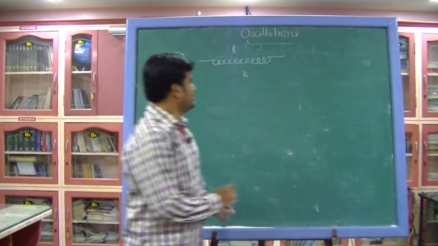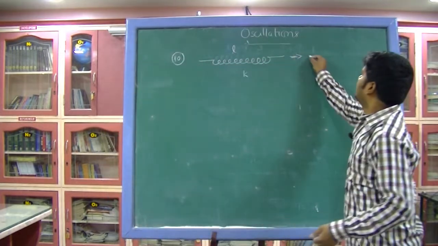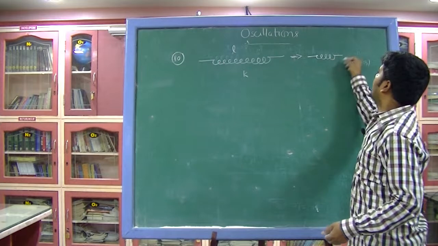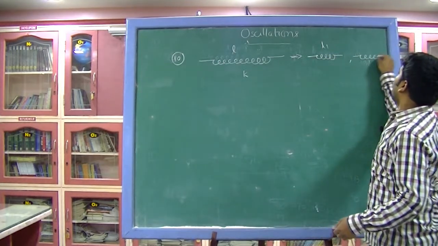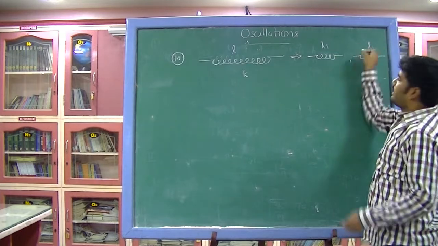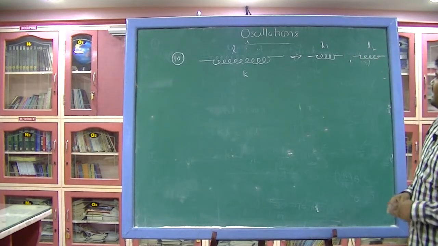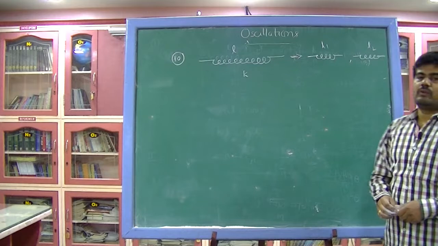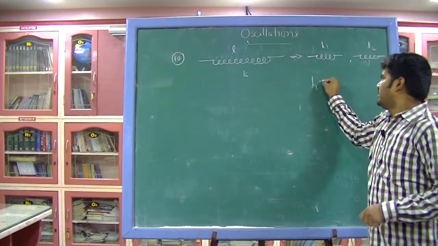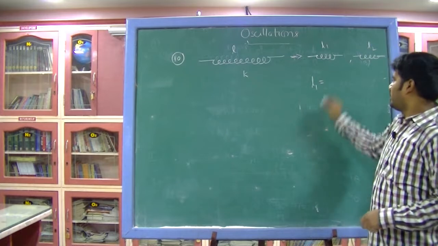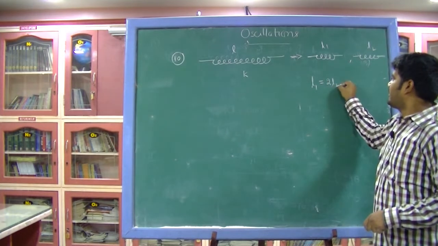This is the first part of length L1, and this is the second part of length L2. I can take the condition that L1, the length of the first part, is equal to 2 times the length of the second part.